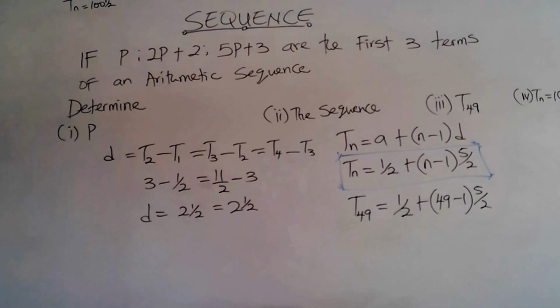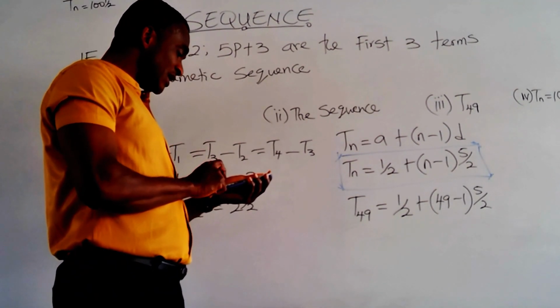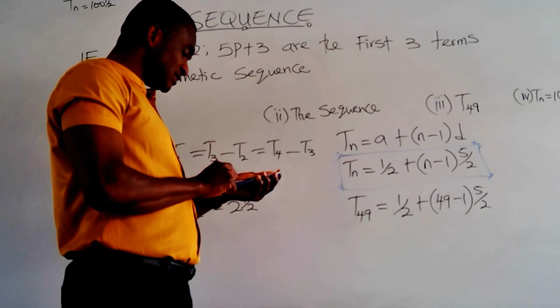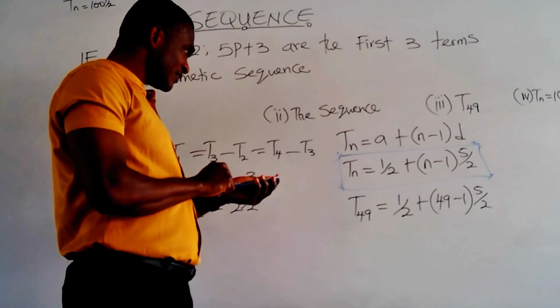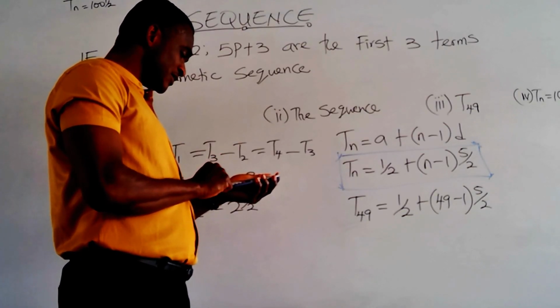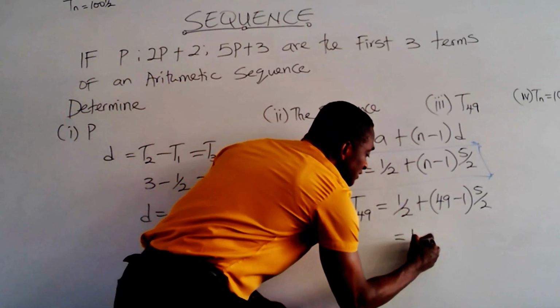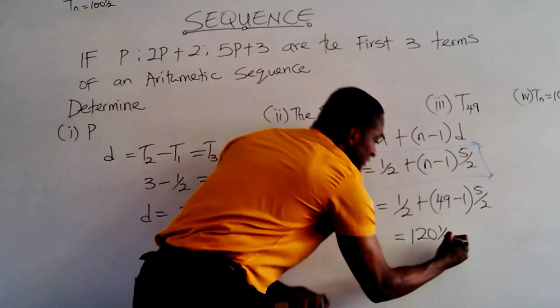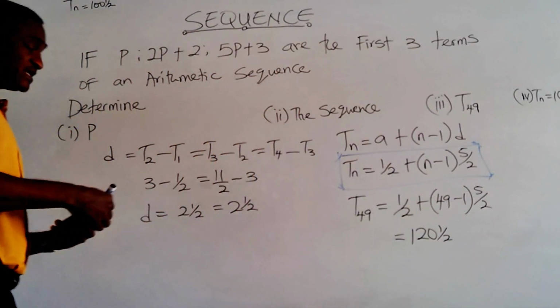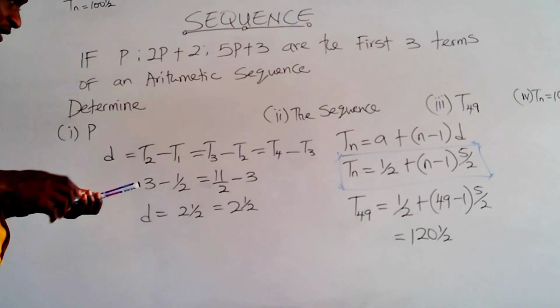That should give us our 49th term. So we have 48 times 5 over 2, and our answer is 120.5, which is 120 and a half.